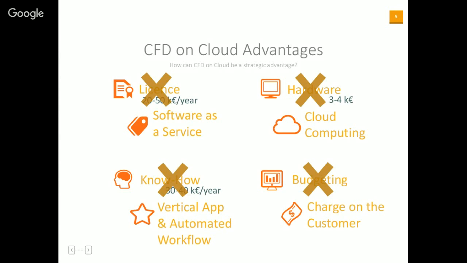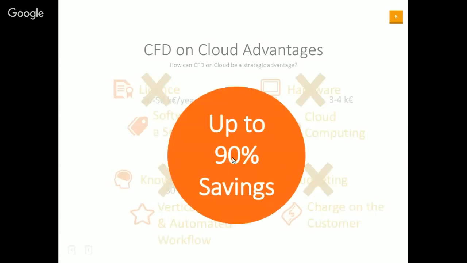And with our vertical applications and automated workflow, the know-how barrier is not as crucial as it was before, since the majority of settings will be really straightforward. Finally, budgeting is not needed anymore, since you can pay just for the simulation you need for a specific case. You can charge them to the customer. This means saving up to 90% compared with most standalone software.